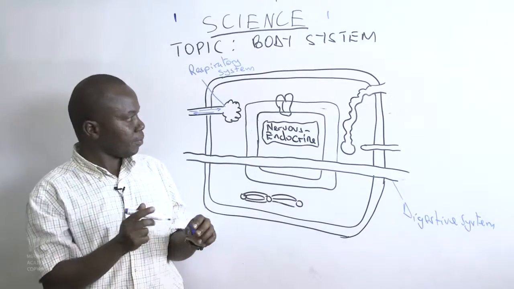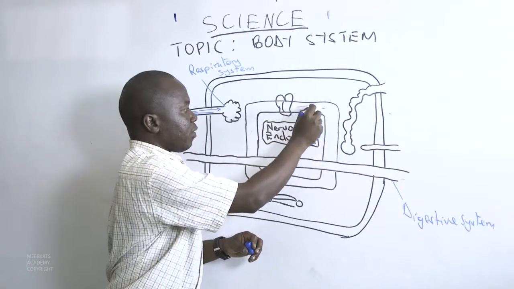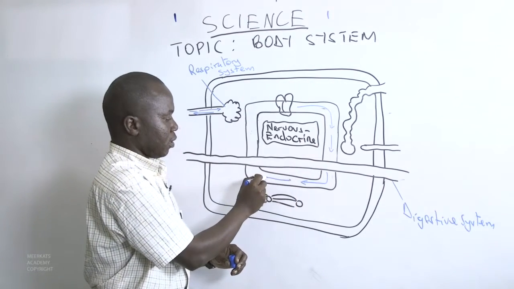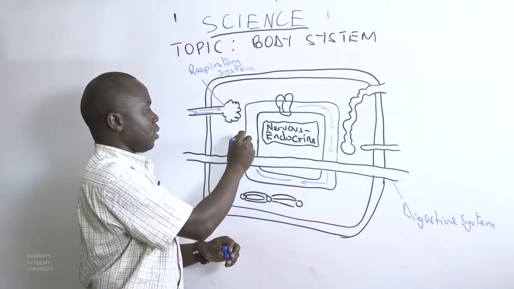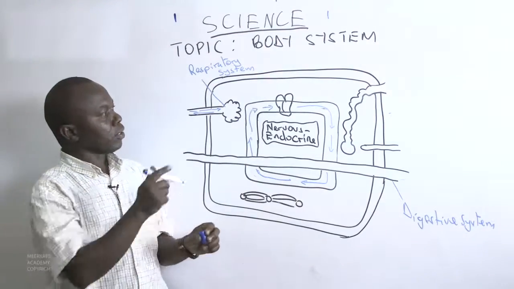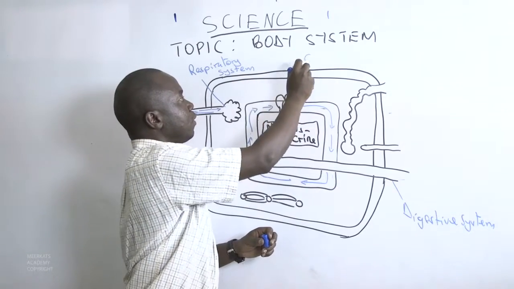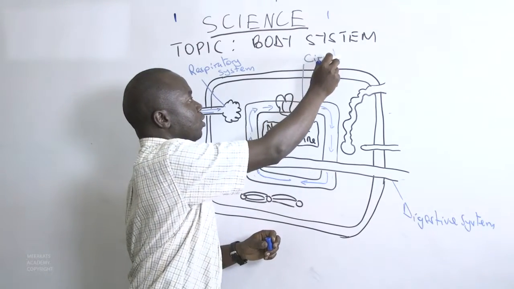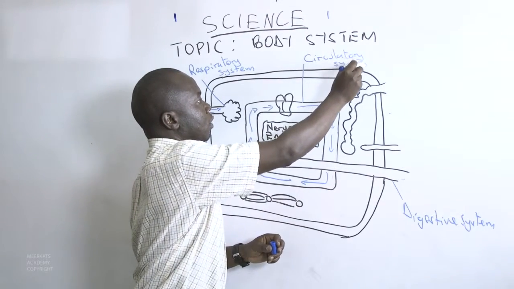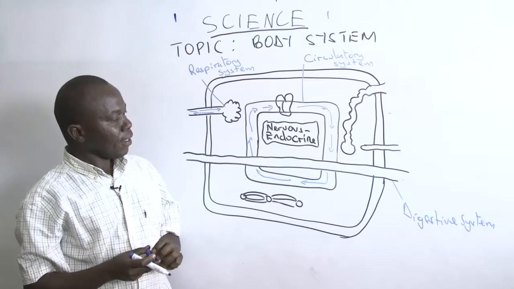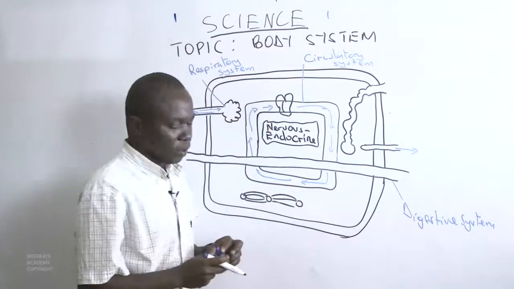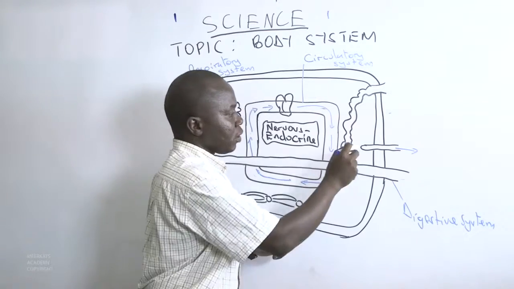Respiratory system. But we have a system allowing materials to circulate throughout the body. That one is the circulatory system. And then we have one that's only allowing materials to get out.